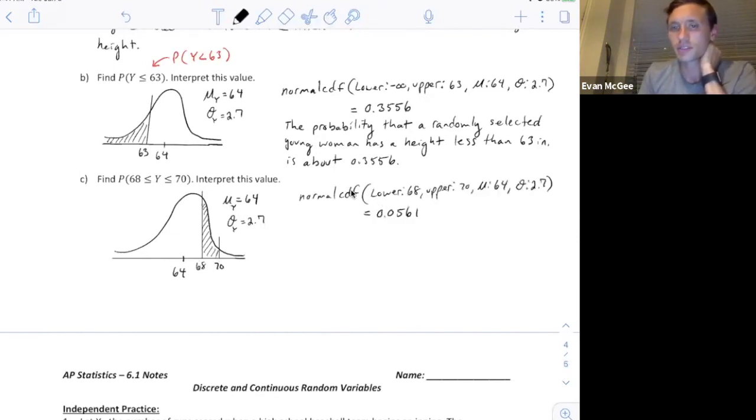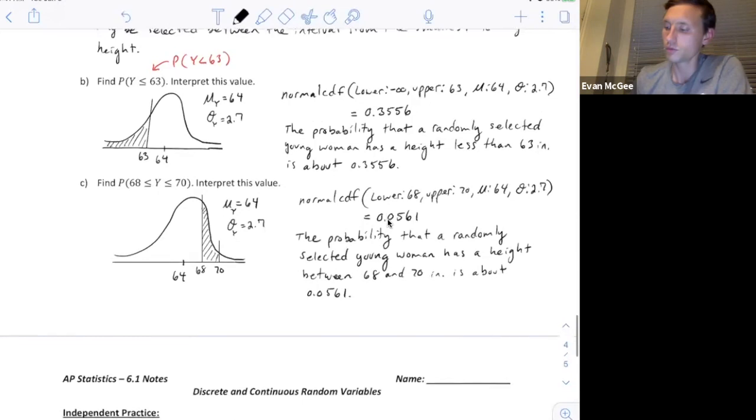If I type this into my calculator like I did in the previous problem, now I don't have a negative or a positive infinity because I have two bounds here. It stops at 68 and 70. Put that in the calculator, I'm going to get 0.0561, which means the probability that a randomly selected young woman has a height between 68 and 70 inches is about 0.0561.